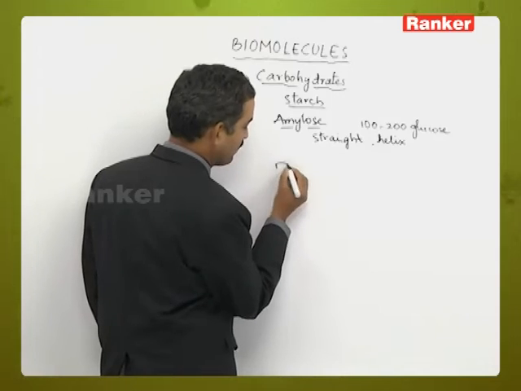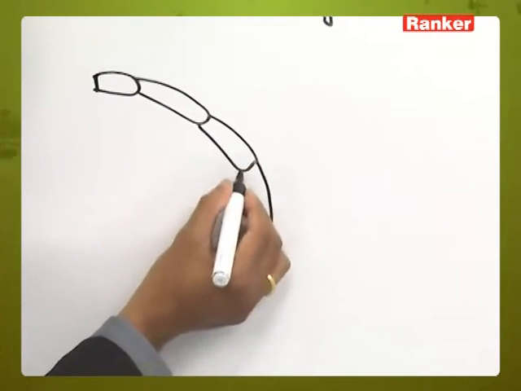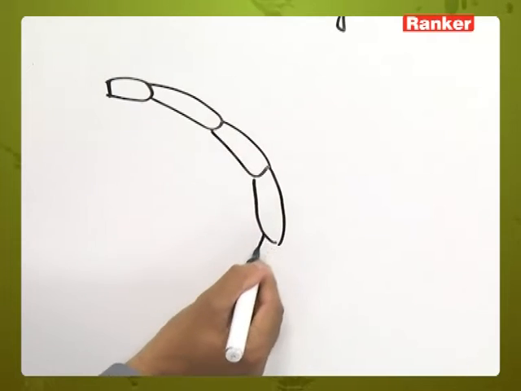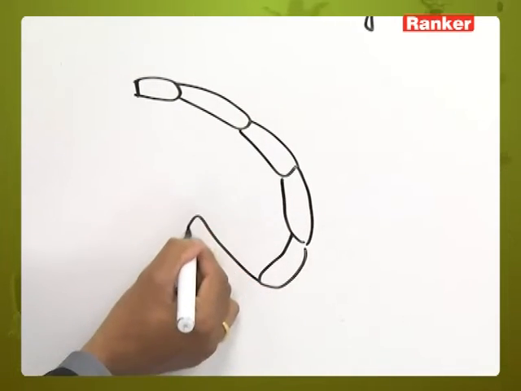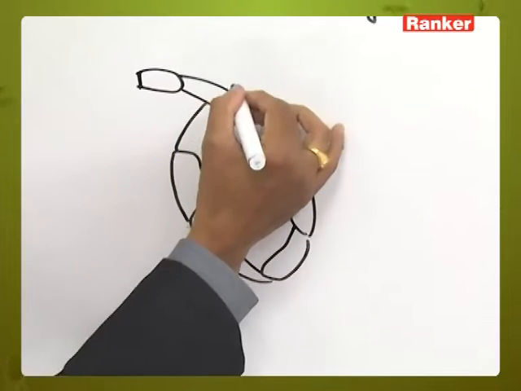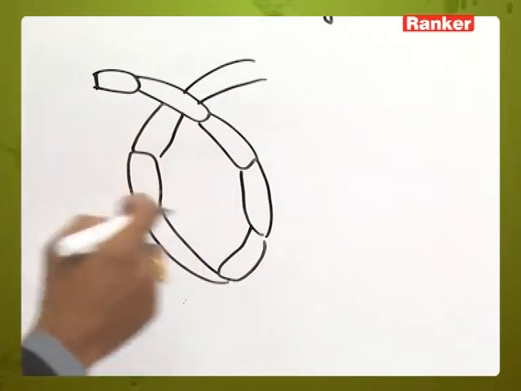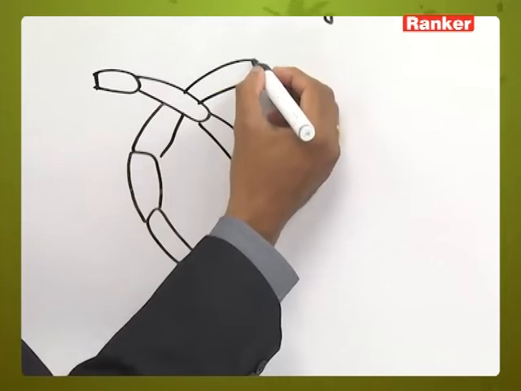If you see the structure, each one is one glucose monomer molecule. Likewise, the folding can be seen at every 6 points of the glucose molecules.